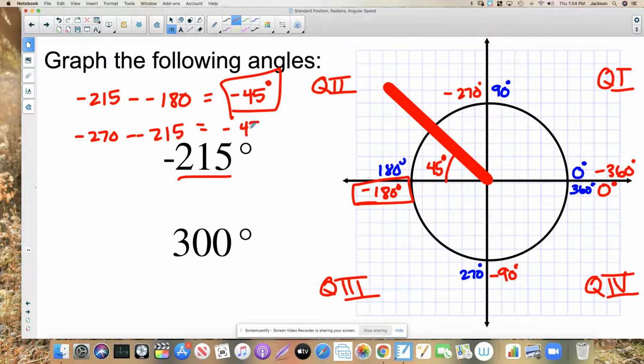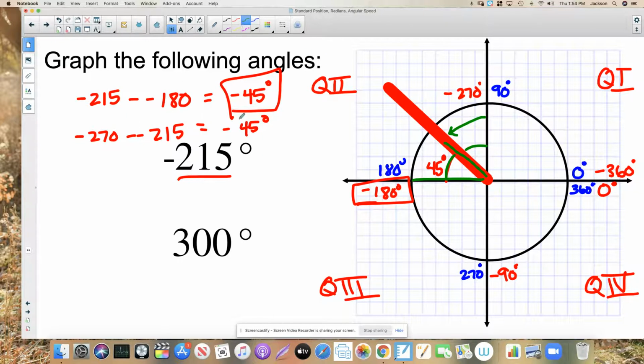You'd still get negative 45 degrees. Here's the tricky part. Yes, that's 45 degrees away from negative 270 in this direction, but this angle is not a reference angle. Reference angles are only angles that are formed with the x-axis. So we would say that this is a 45-degree reference angle. It's in the same place as negative 215 degrees.